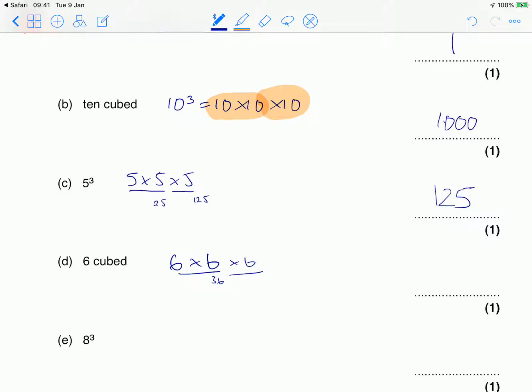Well, 3 sixes are 18, so that's 180. 6 sixes are 36, and put it together.